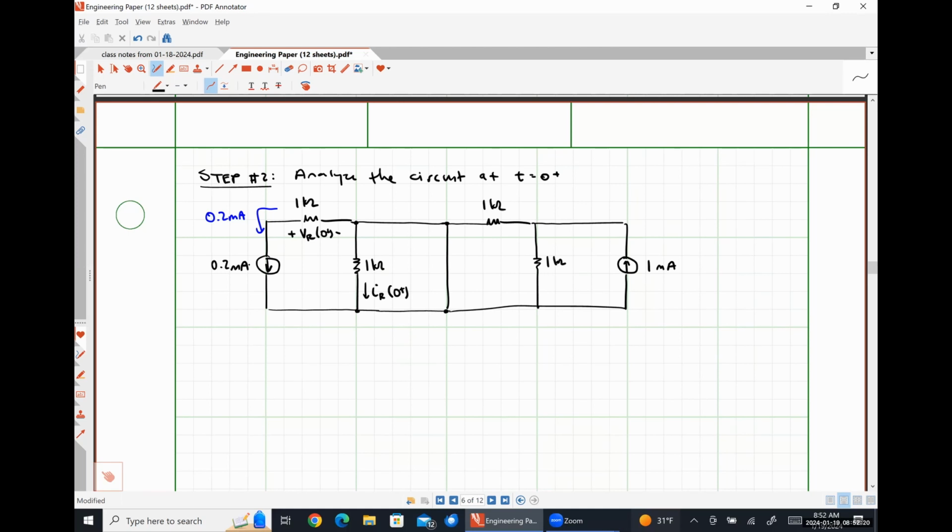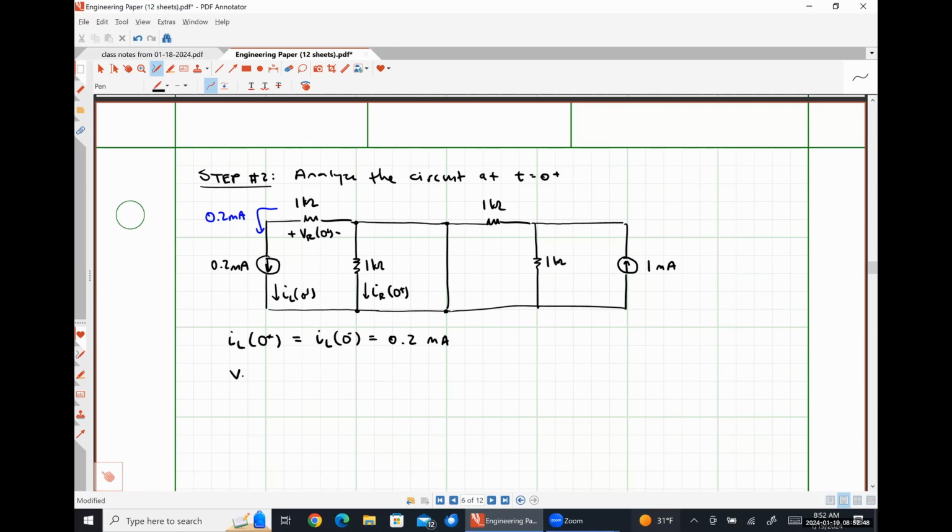So how might we choose to analyze things here, okay? Well, we know, let me write this down here. Here's IL at 0 plus. We know immediately that IL at 0 plus has to equal IL at 0 minus, or 0.2 milliamps. That's literally where the 0.2 milliamp source came from, okay?